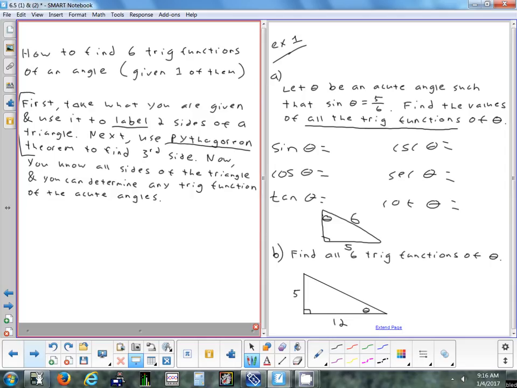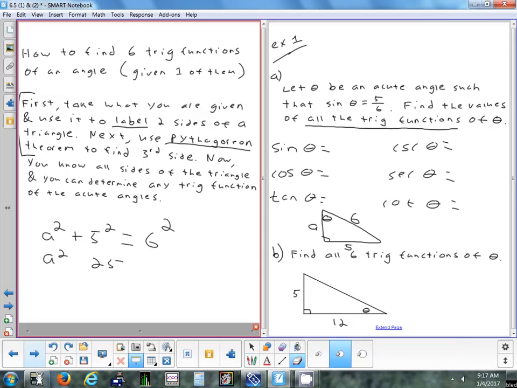I'm just going to do it off to the side. You can call it whatever you want. You can call it x or a, just something you don't know right now. I'll call it a. So a squared plus what? 5 squared equals 6 squared. Oops, should be a plus sign.